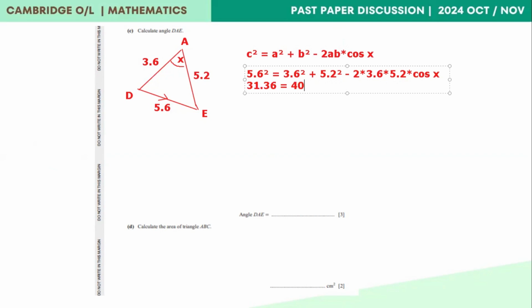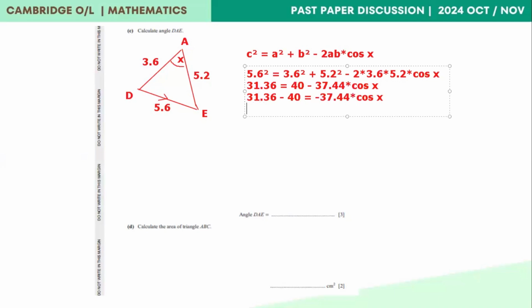You can just use a calculator here. 2 into 3.6 into 5.2 gives 37.44, into cos x.